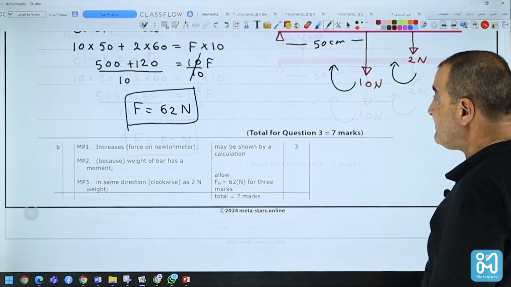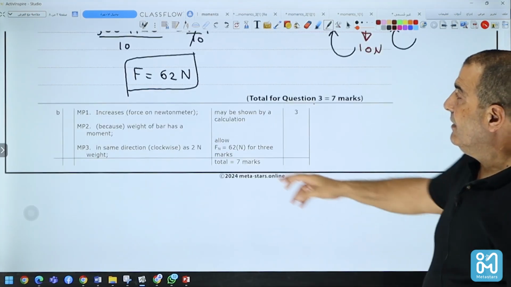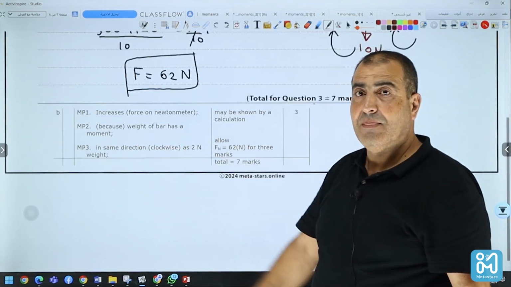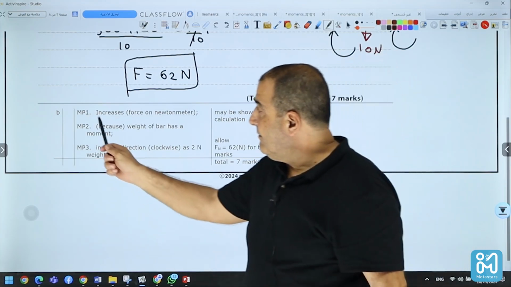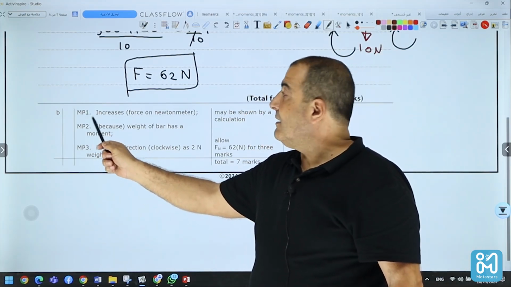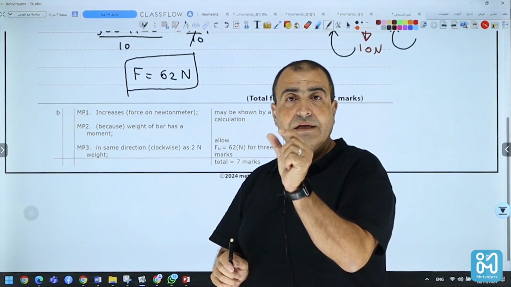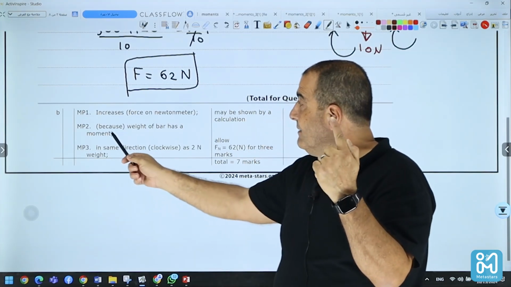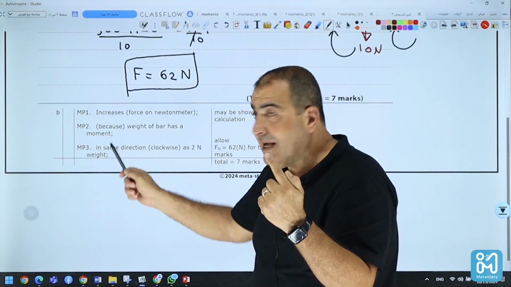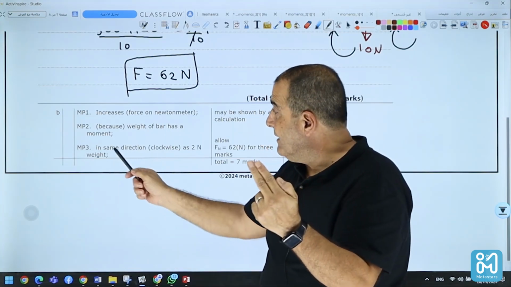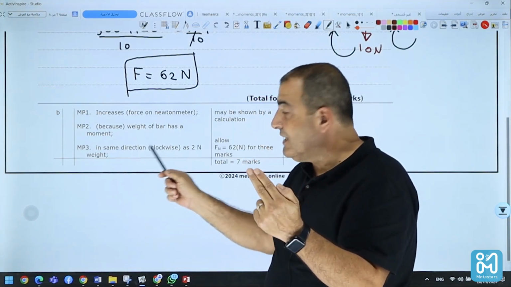This is the mark scheme from the external. First mark, increase. Only if you write increase, you take 1 mark. And because the weight of the bar has a moment and in the same direction, or clockwise.